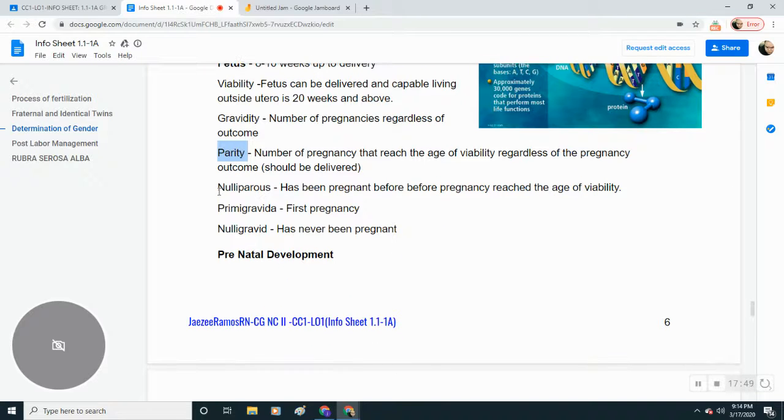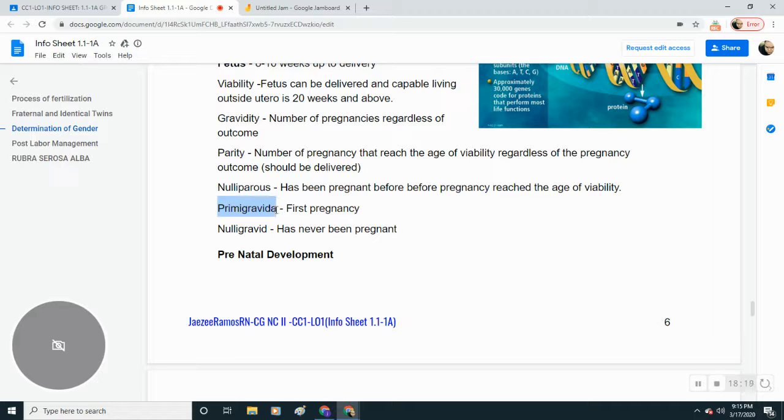Okay? When we say nulliparous, okay, nulliparous has never been pregnant, okay, sorry, has been pregnant before and reached the age of viability. Okay? When we say primigravida, first pregnancy.